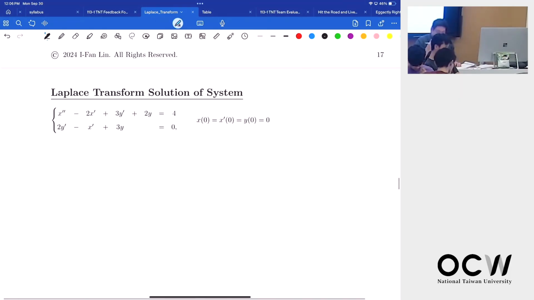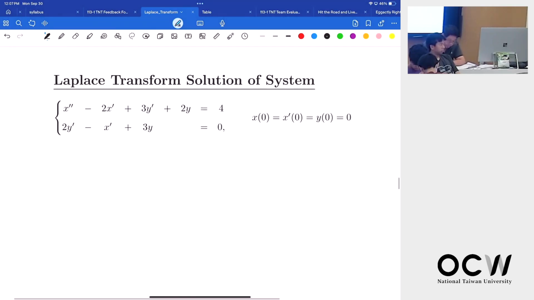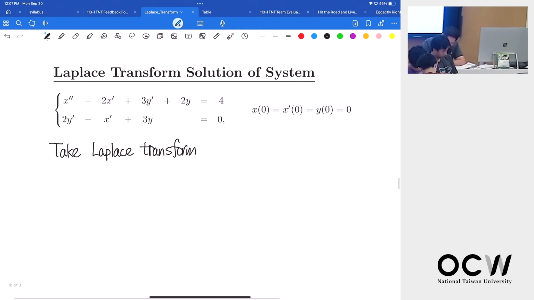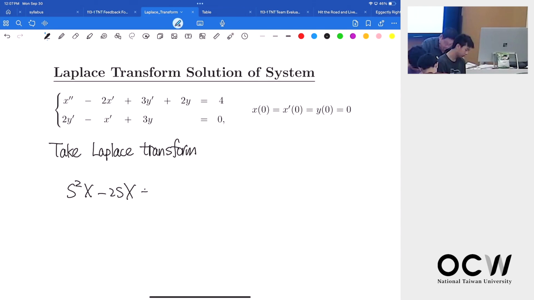Why do we need to use Laplace transform? Here we have a system. We can use Laplace transform to find a solution as well. Okay, so if I take the Laplace transform, first equation, I have s squared x minus 2sx, because the good thing is that the initial conditions are all 0, plus 3sy plus 2y will be 4 over s.